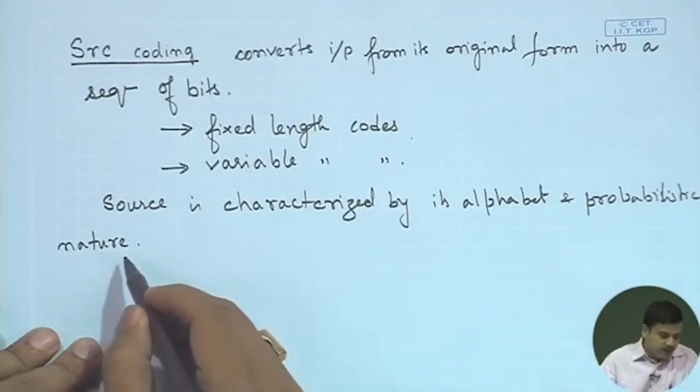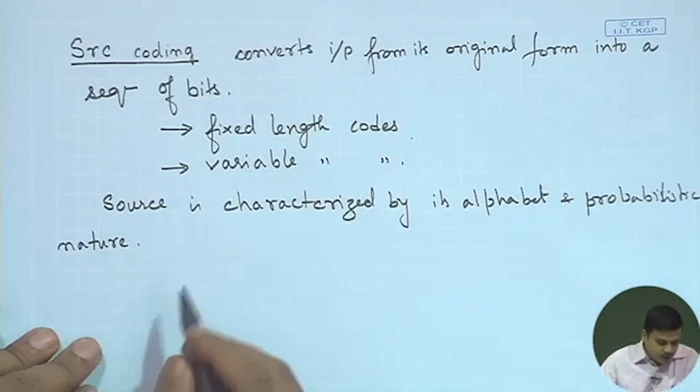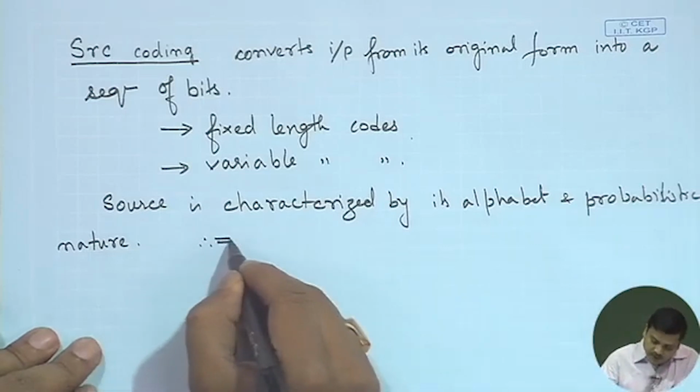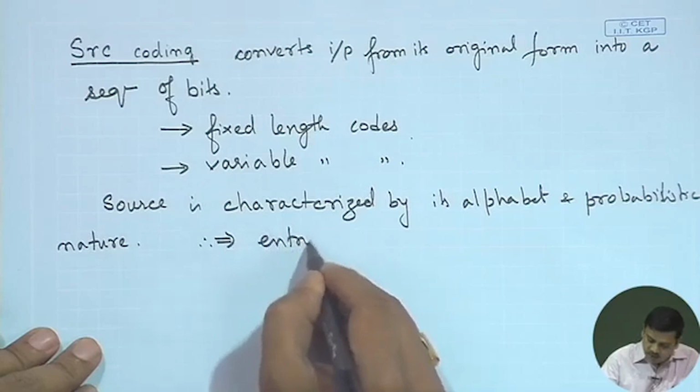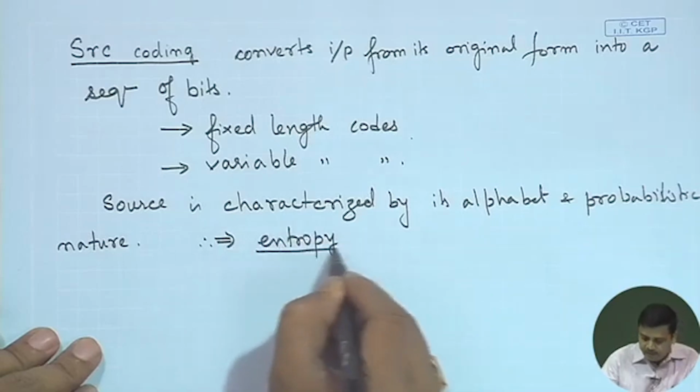Or you could say 10%, 50% and 40% and so on and so forth. That is what we mean by it being characterized by an alphabet and its probabilistic nature, and therefore, it has an associated entropy, which we are going to define.